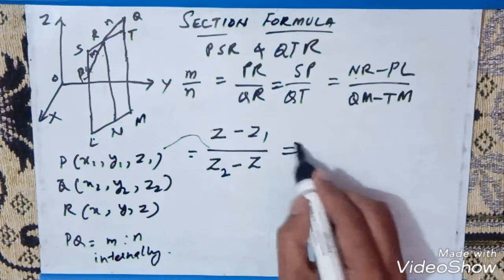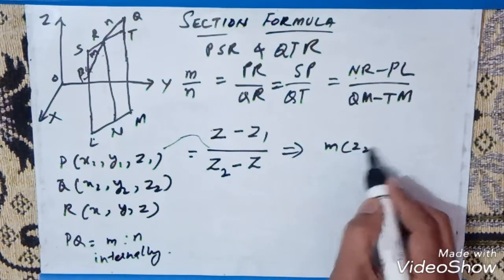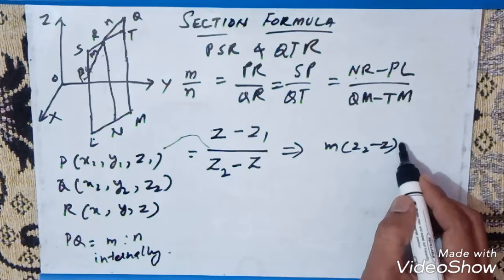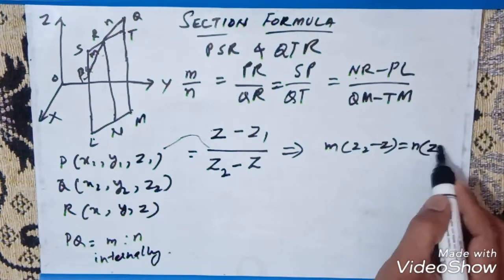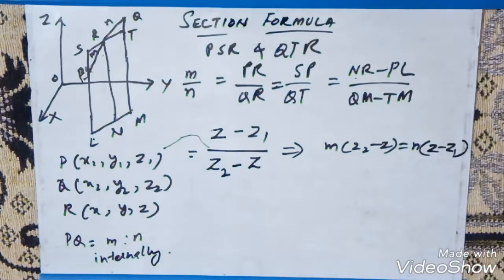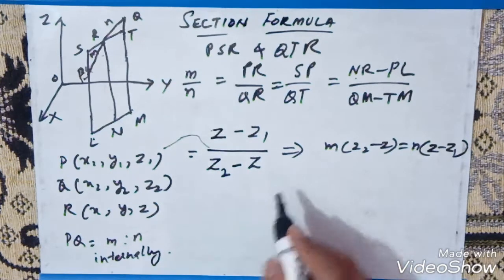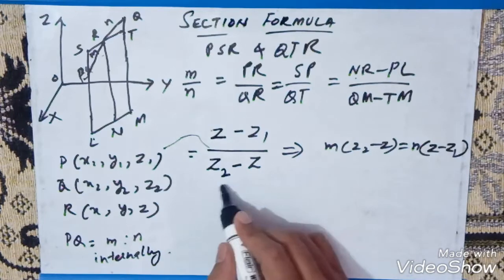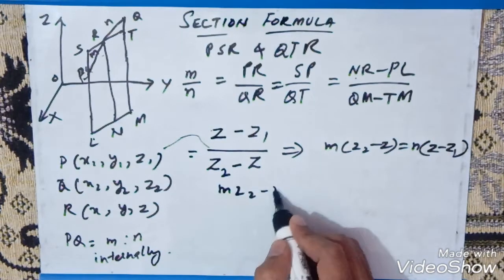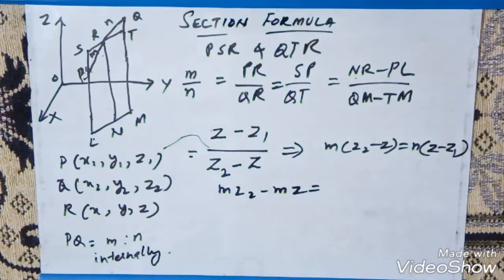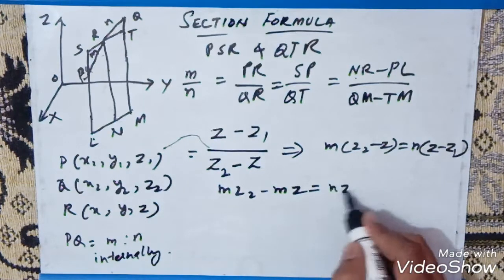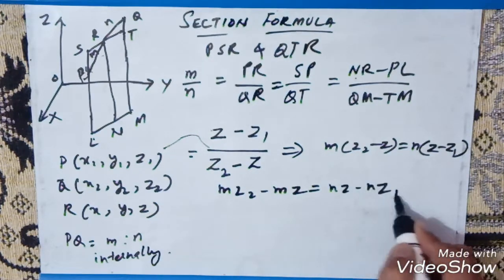So now cross multiply: m into (z2 minus z) is equal to n into (z minus z1). So it will be m z2 minus m z is equal to n z minus n z1.